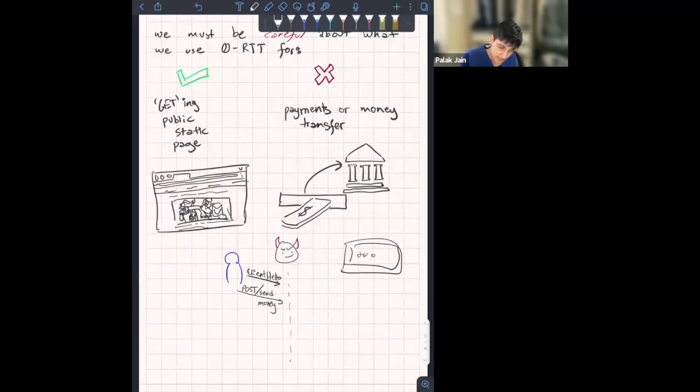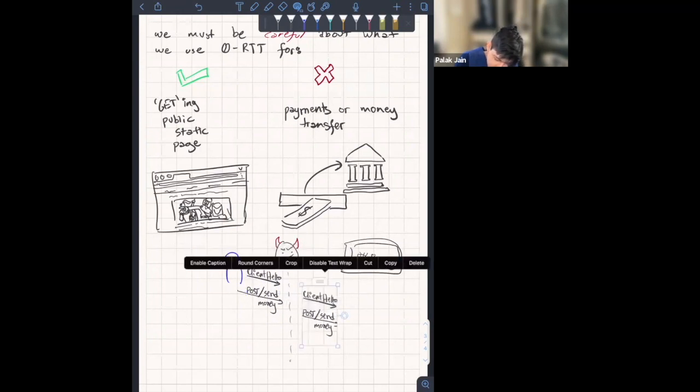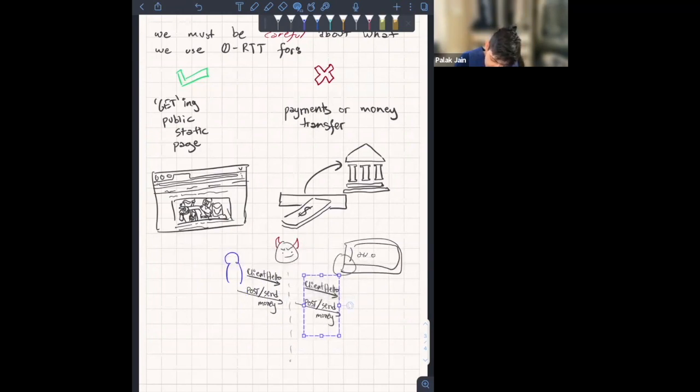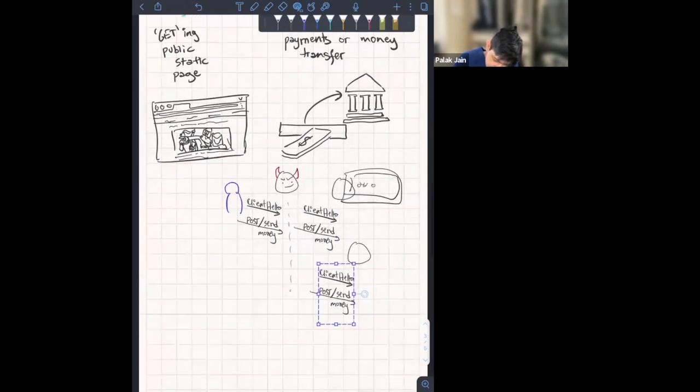And what the attacker can do is it can take these requests. Let me see if I can grab the whole thing. Maybe not. Okay, so it has to post or send money. And then the attacker can take this and replay it a few different times without making the server suspicious.